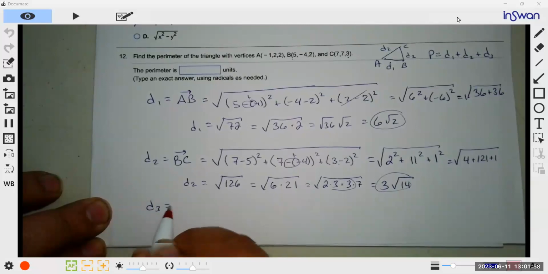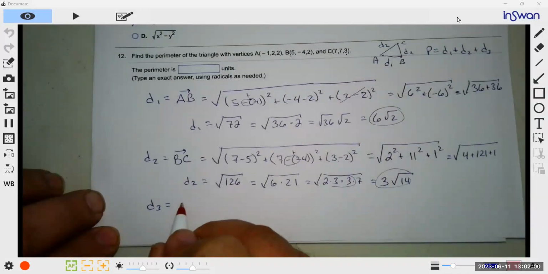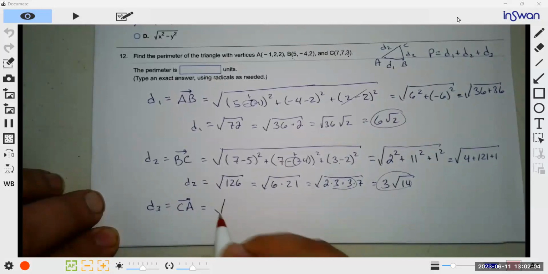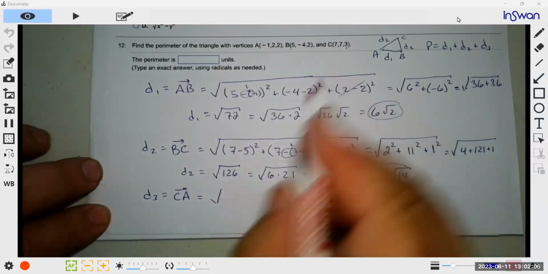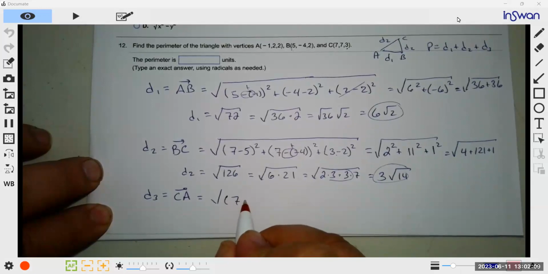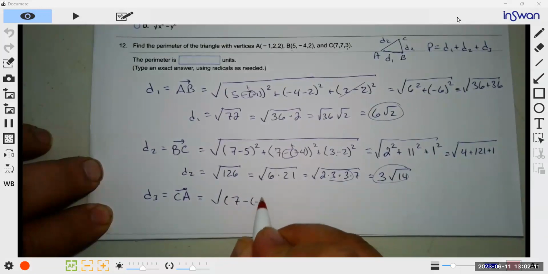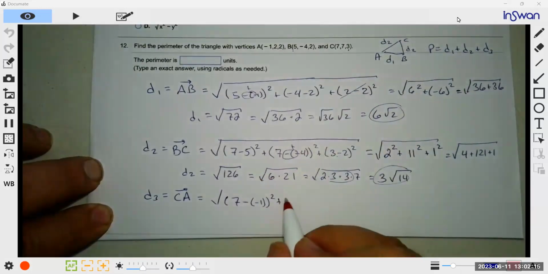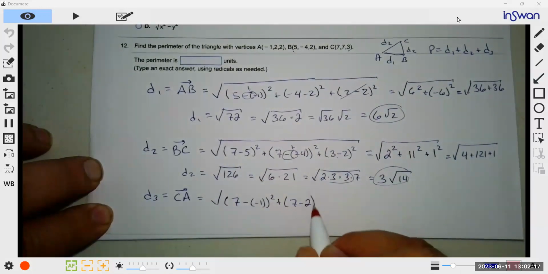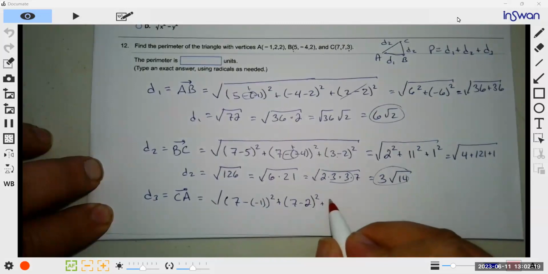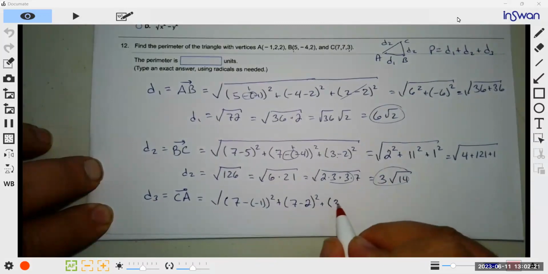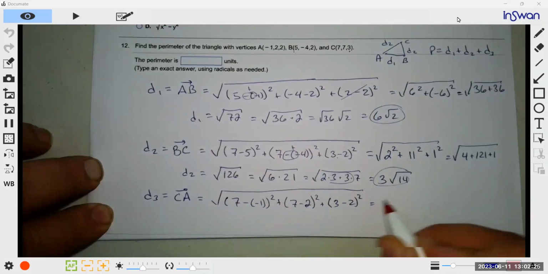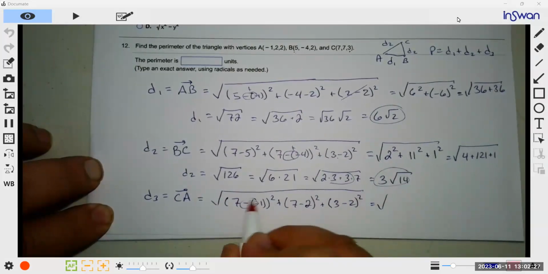And D3 is from C to A. So we have 7 minus -1, 7 minus 2, and 3 minus 2. So that becomes plus.